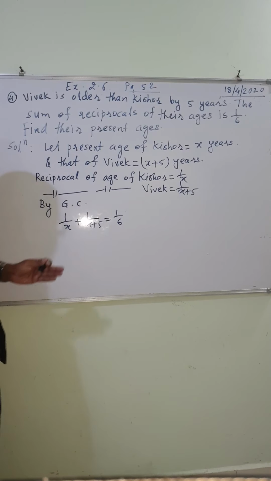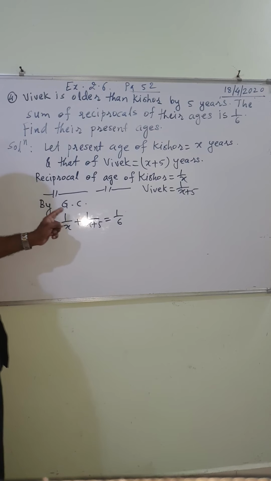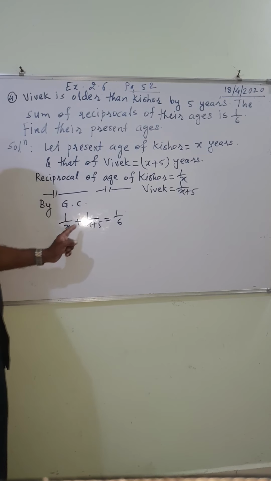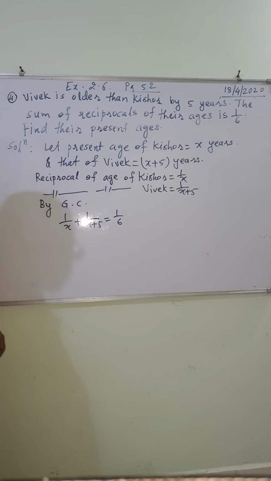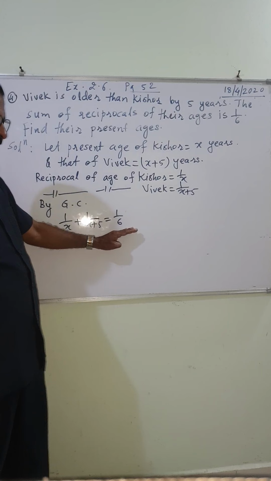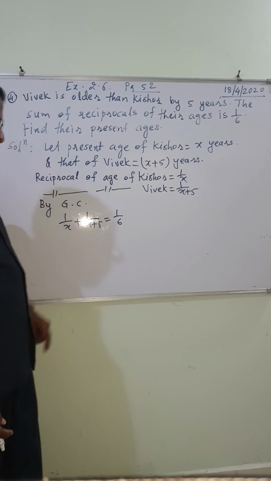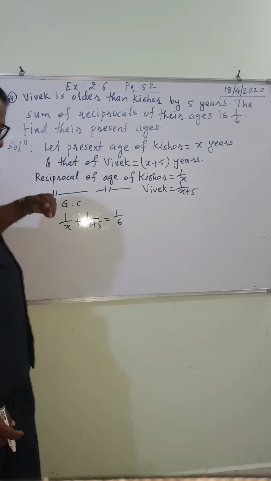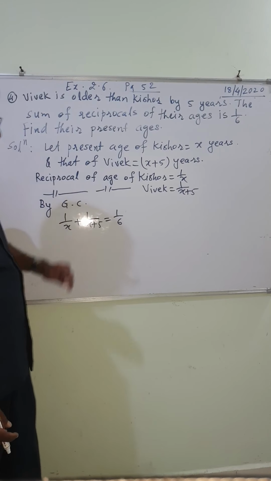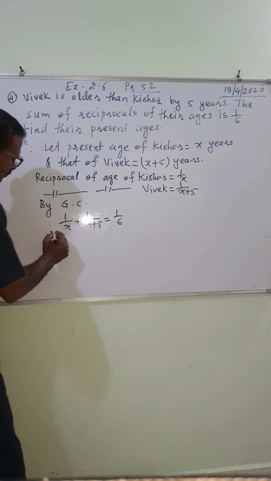Now, such sums, how to solve? Many students first do cross multiplication. Instead, what I will suggest is, take the LCM of the denominators. The LCM will be 6x into x plus 5, and multiply each term by 6x into x plus 5.